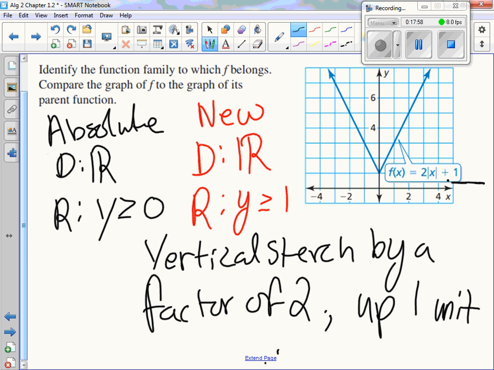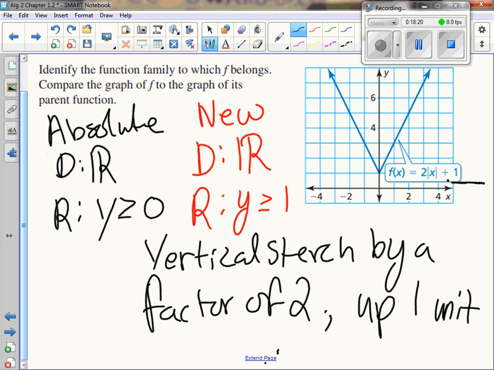So the domain of our parent was all real numbers, y greater than or equal to 0. Well, what did we say about the translation? We moved it up 1, yes? The range was y is greater than or equal to 0. Now what is it? Y is greater than or equal to 1. It went up.